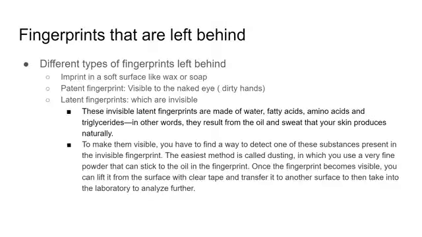It's an incredibly fine dust material, kind of like a powder, and it sticks to the oils in the fingerprint. Once the fingerprint becomes visible, you can lift it from the surface using clear tape and transfer it to another surface to then take into the laboratory to analyze further.